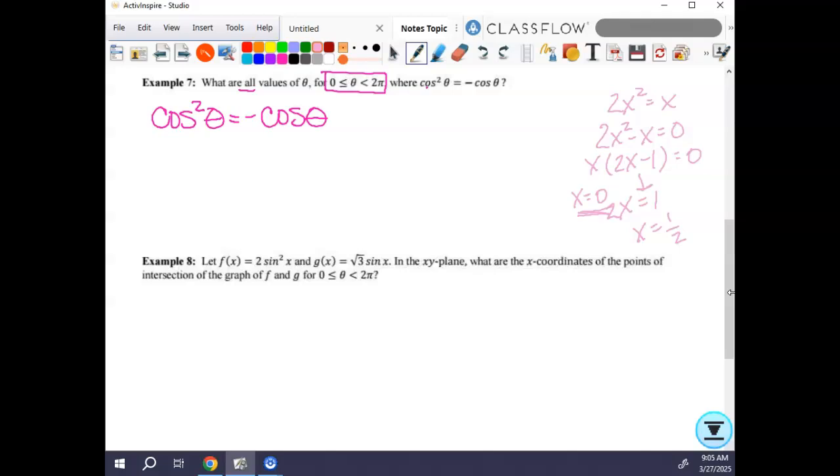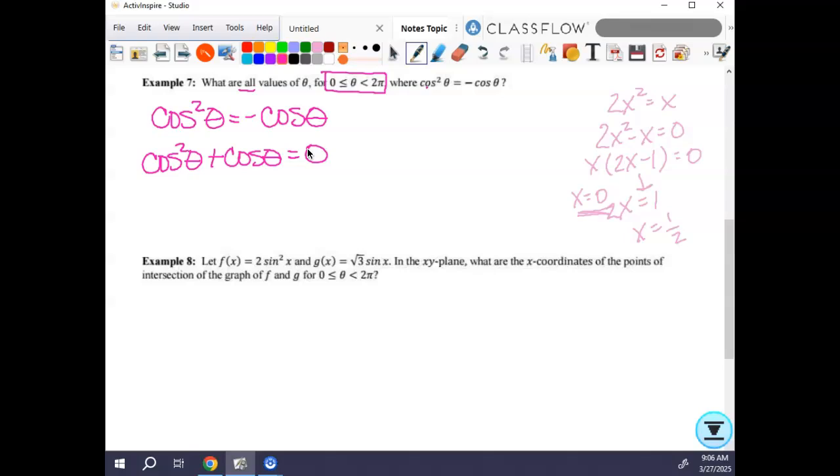So with a quadratic, I want to set everything to 0, right? That's my first step. So I'm going to move this over here and get cosine squared theta plus cosine theta equals 0. Everybody with me on that? Then I look at it and say, can I factor out a GCF?